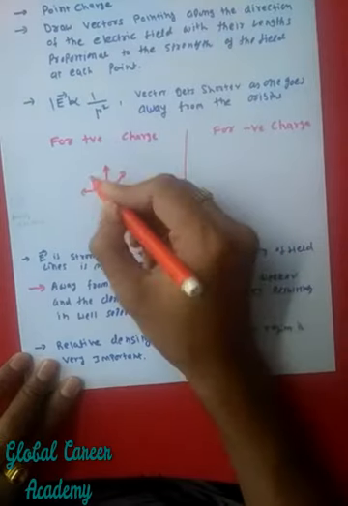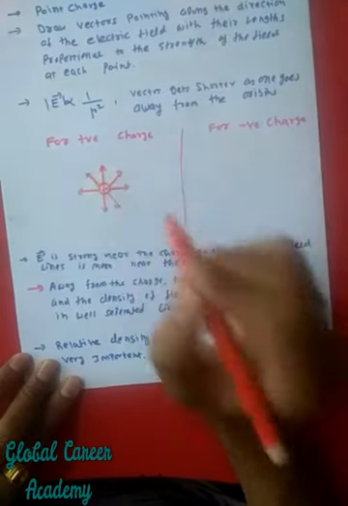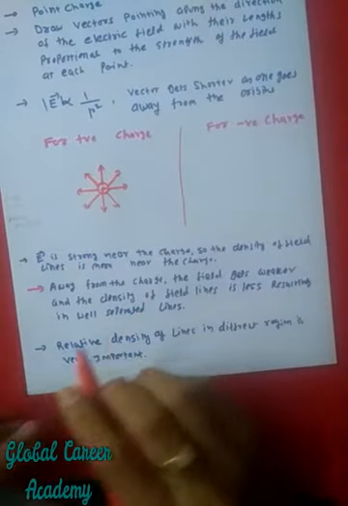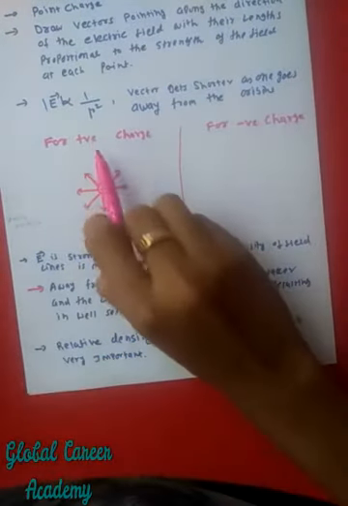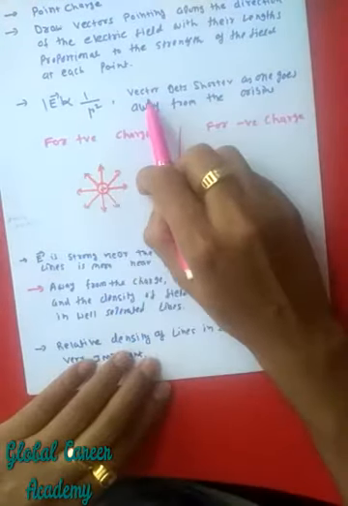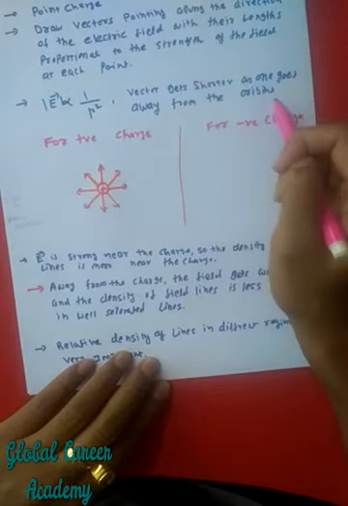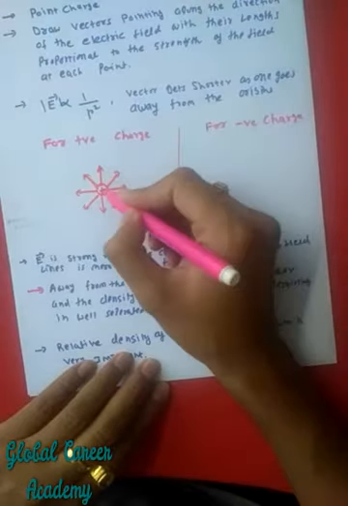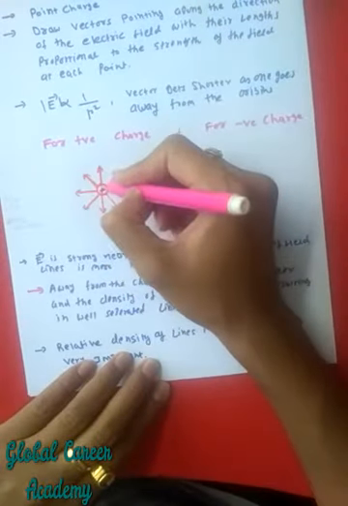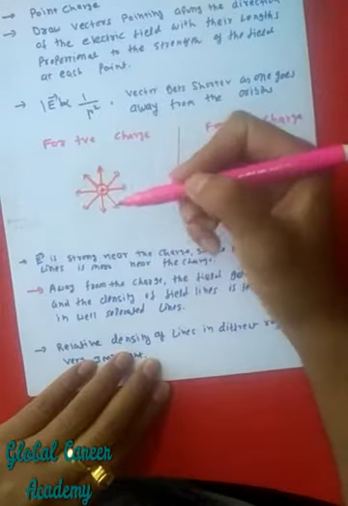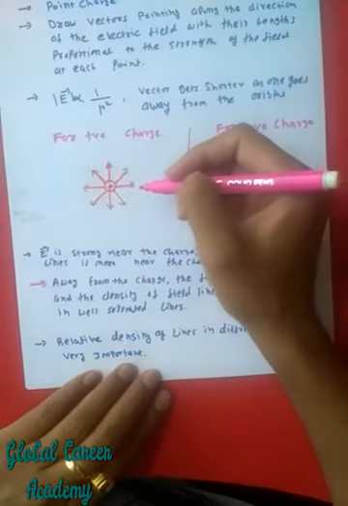Then you have to understand that the vector gets shorter as one goes away from the origin. Yes, this is the origin, and if I go away from the origin, the strength of the field is decreasing, it gets weakened.